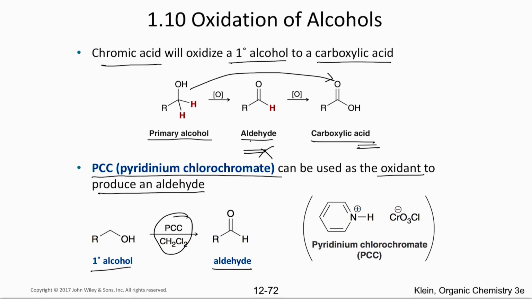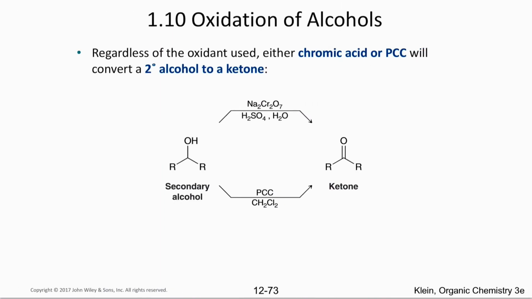Again, remember that the alcohol you need for an aldehyde is always going to be a primary alcohol. This is the compound pyridinium chlorochromate, which is basically chromium trioxide with a chlorine and a pyridine molecule. Now, if you want to convert a secondary alcohol into a ketone, you can use chromic acid or PCC.